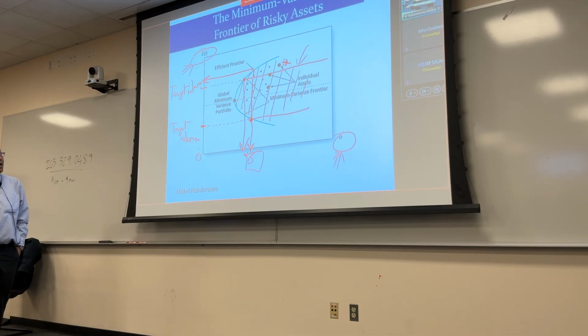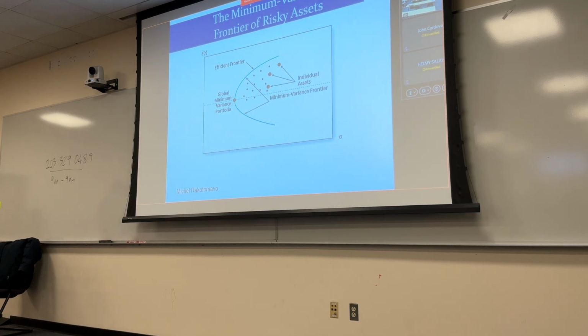I know this is now very confusing, so let me at least make some attempt to do this again. The whole idea was, if the target return was this, then we were willing to accept this level of risk. But for this level of risk, we can actually do better by getting this return.